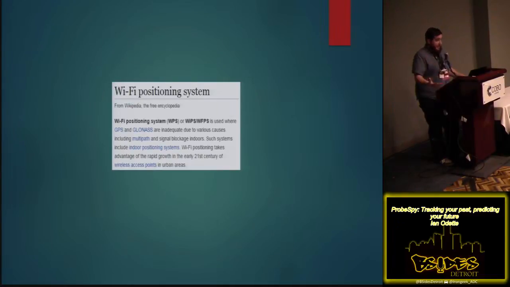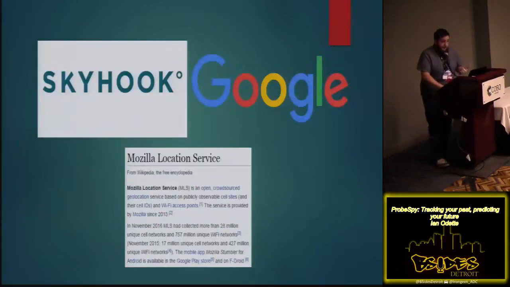And you populate a giant database with all of these different data points, and then if your phone or other processing-deficient or power-deficient device needs to find out where it is, it can collect a list of the networks that are around it, submit it up to this database, and it'll do a Venn diagram search of all the places in the world where these networks can be seen, and then returns a location to the device.